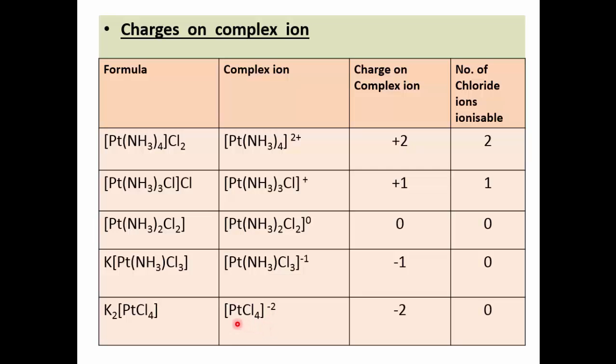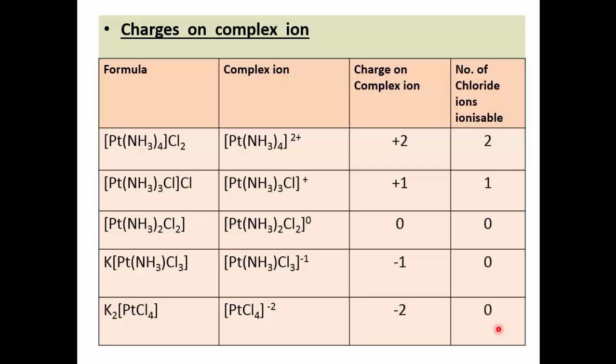These chloride ions act as secondary valency. This minus 2 charge is neutralized by the plus 2 charge from these potassium ions. So this is the minus 2 charge on this complex ion and no chloride ion is present as ionizable, or we can say no chloride ion acts as primary valency. They show zero charge. Got it?